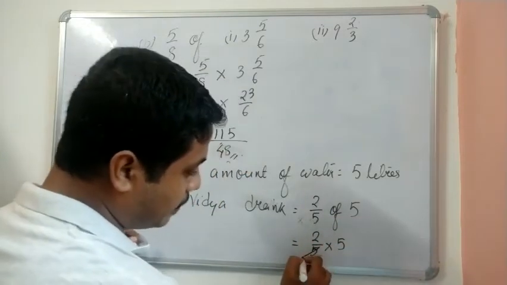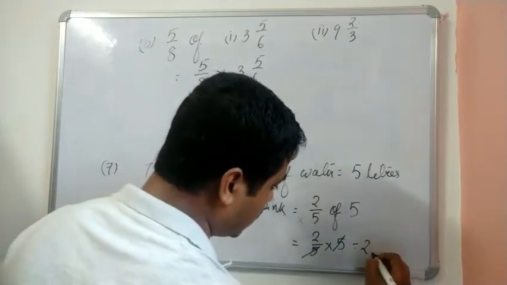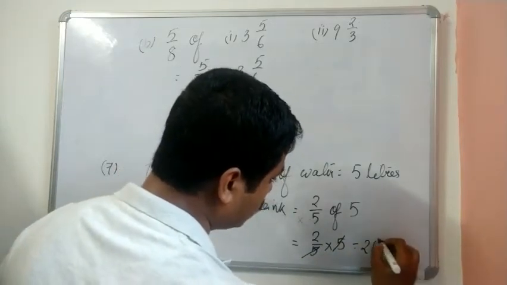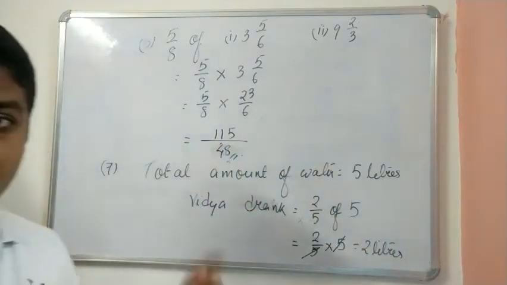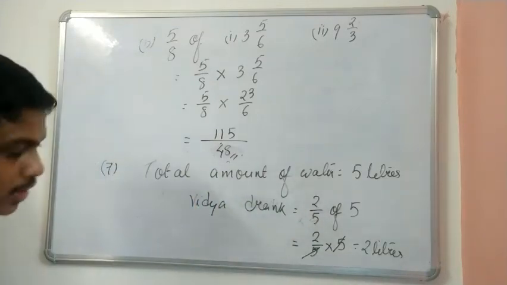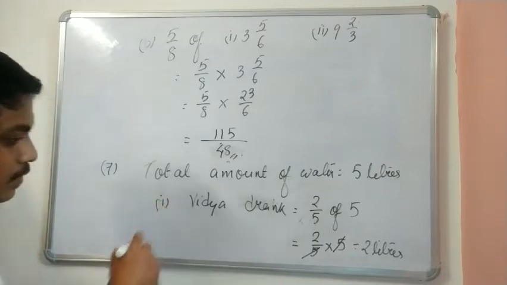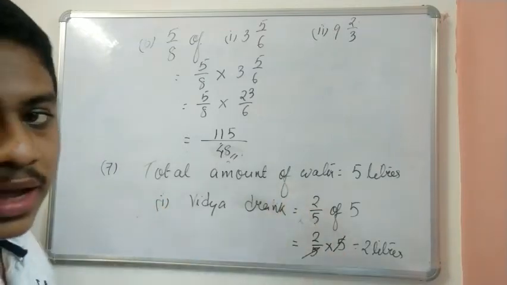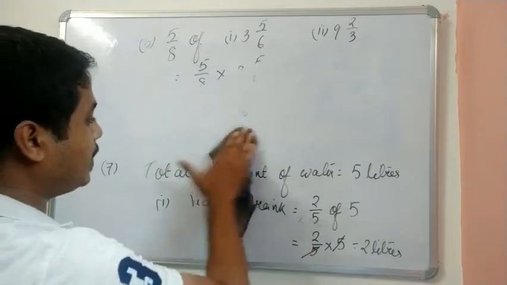I can cancel this 5. So she has drunk 2 liters of water. This is for Vidya. So the first question we have already got: Vidya drank 2/5 of 5, that is 2 liters.